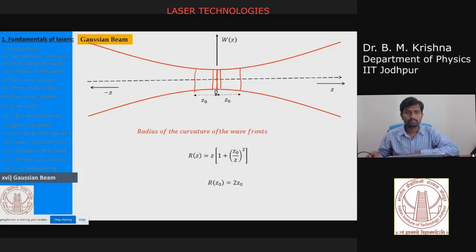As you go away from the focal plane, your radius of curvature will increase on either side.